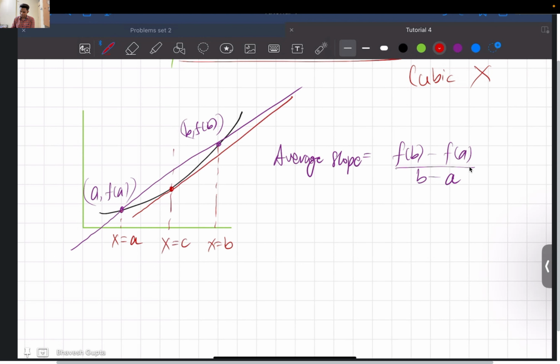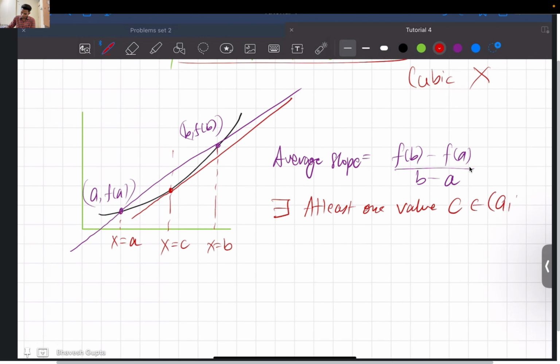There exists at least one value c belonging to this interval (a, b) such that the instantaneous slope at that c turns out to be equal to the average slope, right?